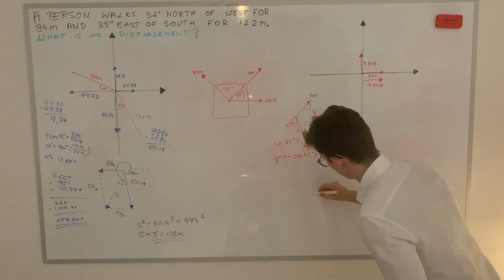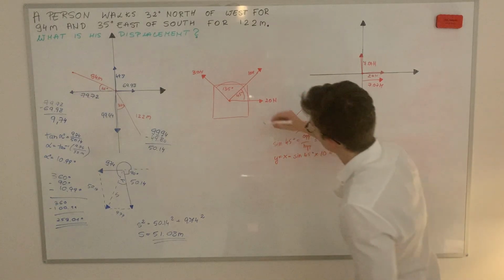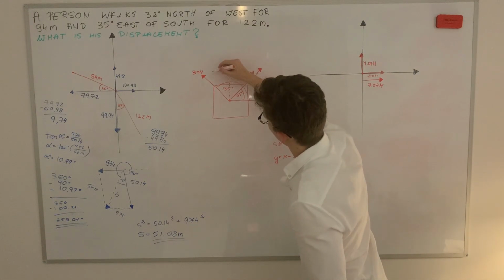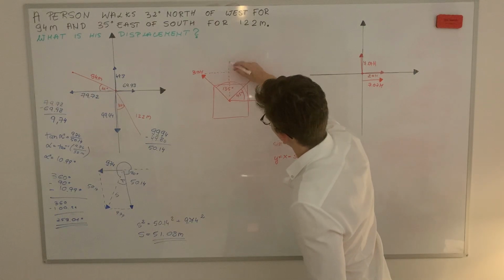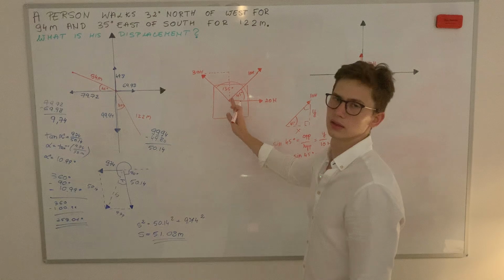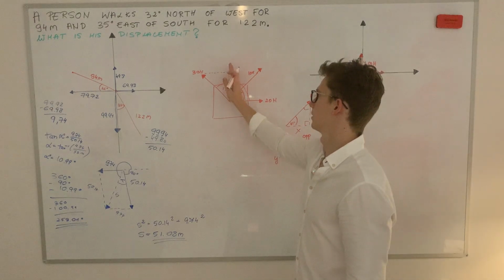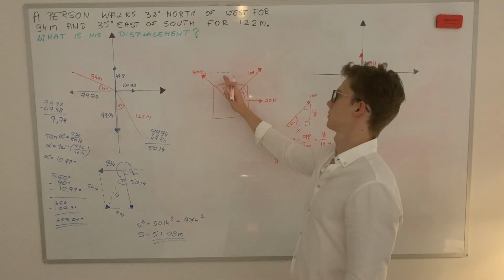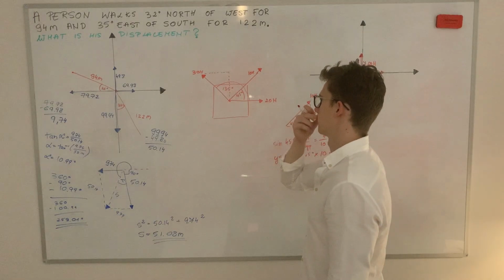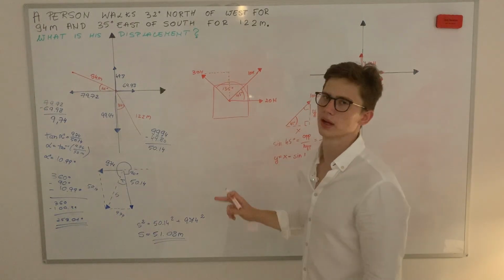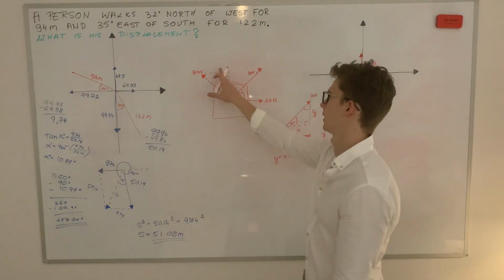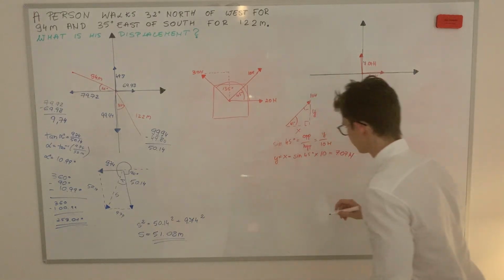And with vectors like these, it's much easier if we break down this angle into an angle that would just bring us to the positive y-axis, because this way we have a right triangle and we can use simple trigonometric expressions to find these two sides.